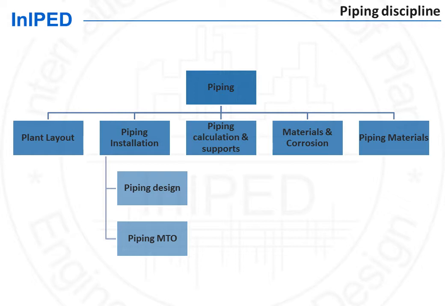Therefore, in this module, we will look at the remaining disciplines, which are piping installation, in charge of the routing of lines, piping calculation and supports, in charge of the calculation to confirm the routing that has been designed by piping installation and to define the types of supports required for the lines, and then piping and materials, in charge of specifying and ordering all piping materials.